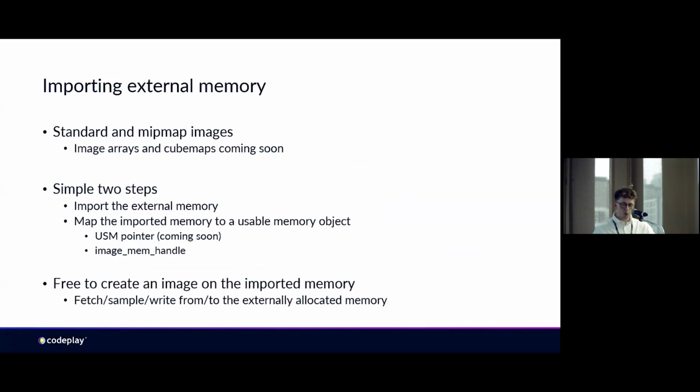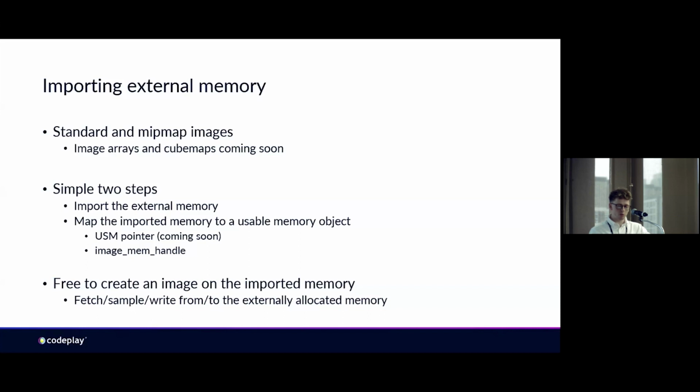And then importing external image memory is as simple as just 2 steps. First, you must import the external memory and then map that imported memory to a usable memory object, e.g. an image mem handle or a USM pointer, which is currently not supported, but we hope to provide that soon. At that point, the user is then free to create an image on the imported memory and use it just as described throughout this presentation.